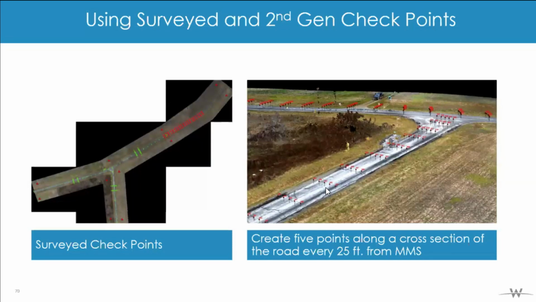So instead of limiting my testing to the few survey checkpoints, I created 5 points across the road at 25 feet interval. I ended up creating over 540 additional checkpoints from mobile LiDAR. Mobile LiDAR was as accurate as the RTK survey, so why don't I use it for vertical verification? That's one way you can do it.